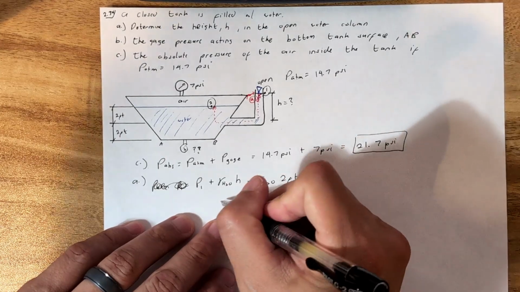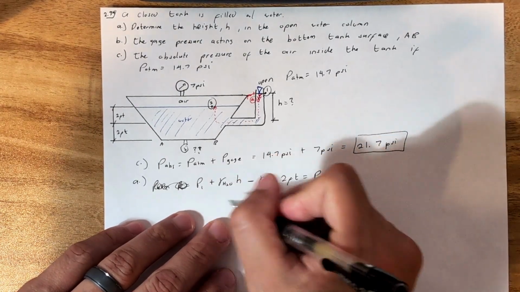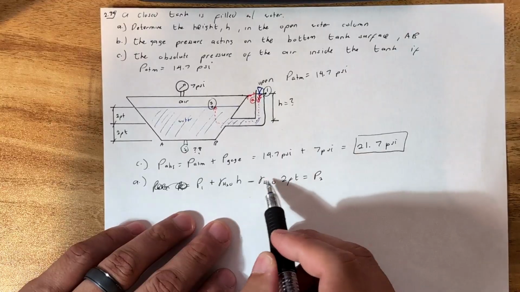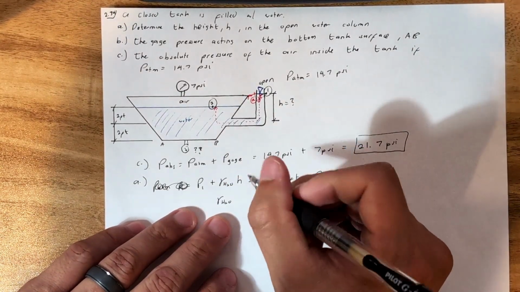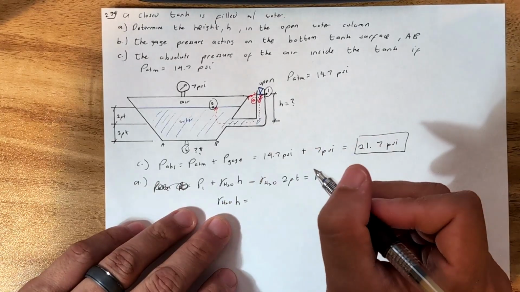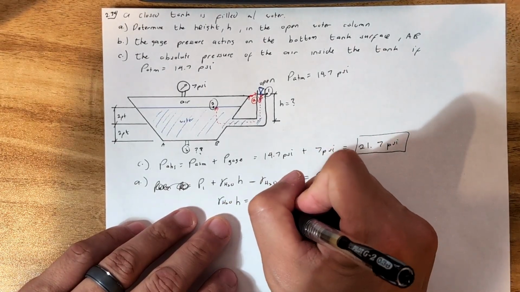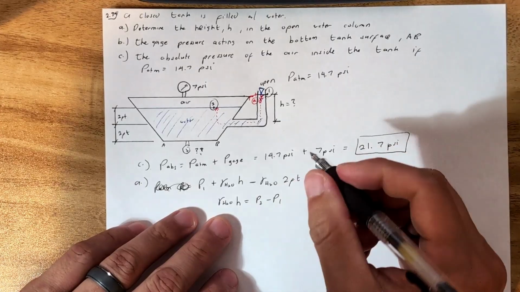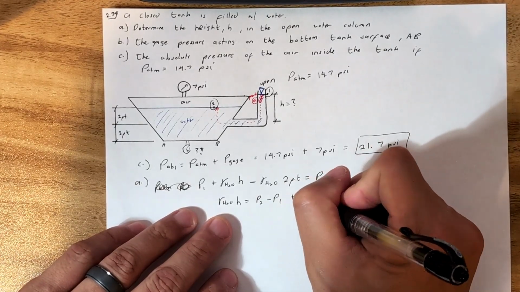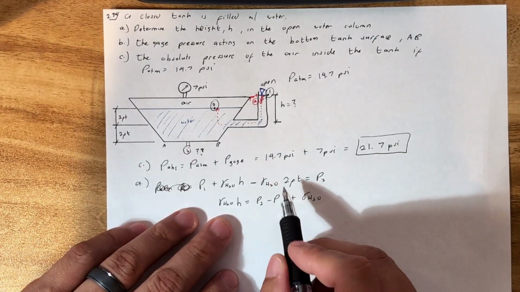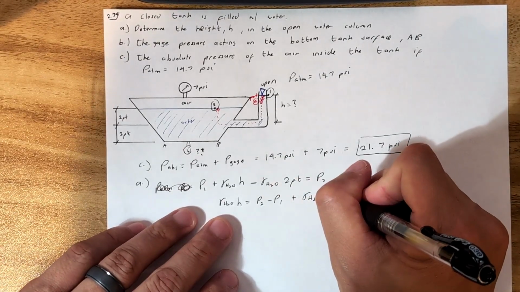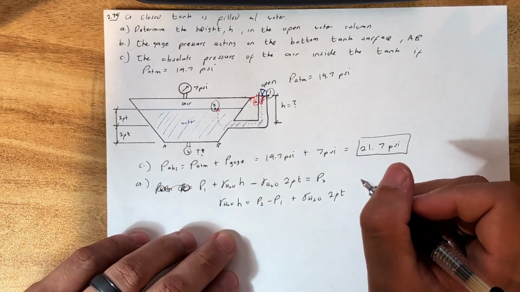We move the P1 to the other side, and this whole term on that side: gamma H2O times h equals P2 minus P1 plus the specific weight of water times 2 feet.